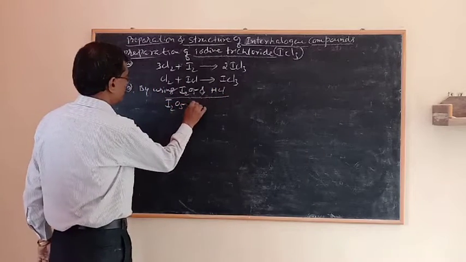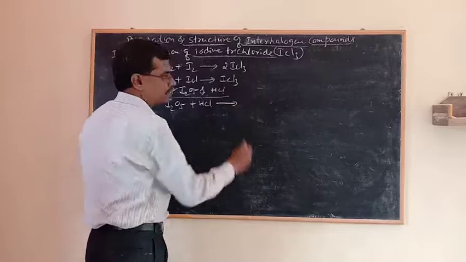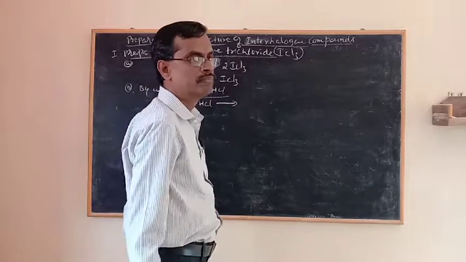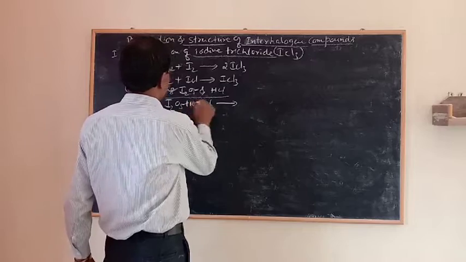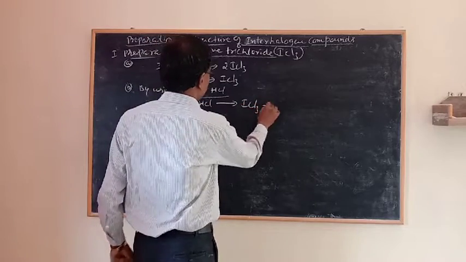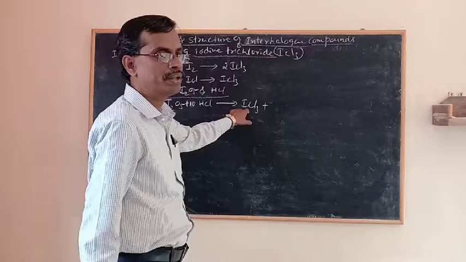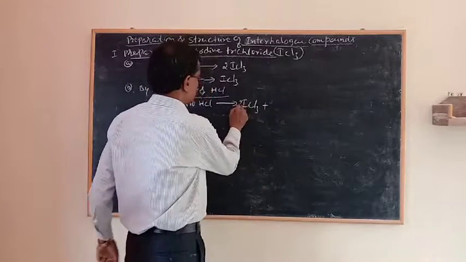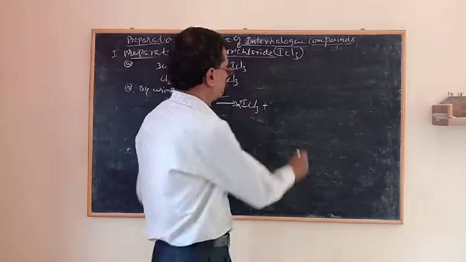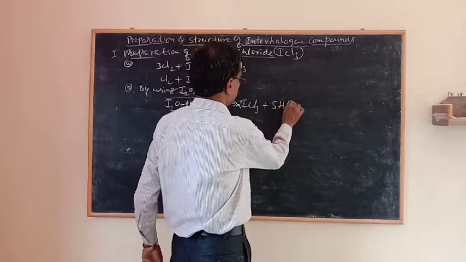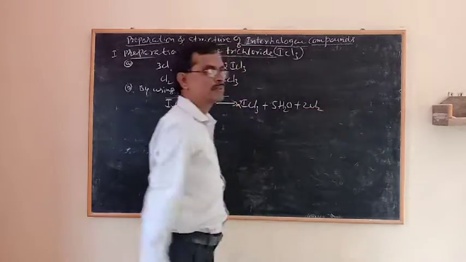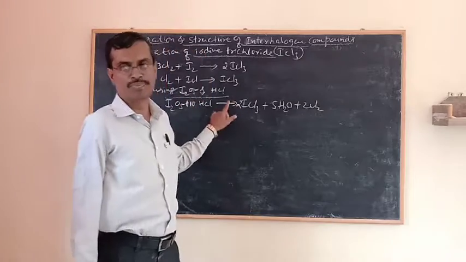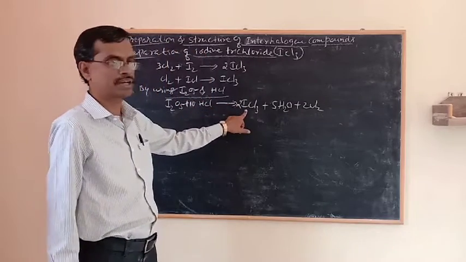I2O5 plus HCl to form, we are taking 10 HCl here. So 2 ICl3, iodine trichloride, there are two molecules here, and 5 H2O because of this hydrogen and the oxygen, and lastly 2 Cl2. So these are the methods of preparation of iodine trichloride.